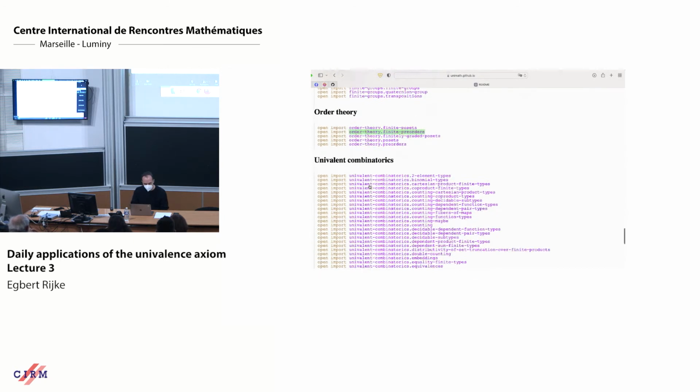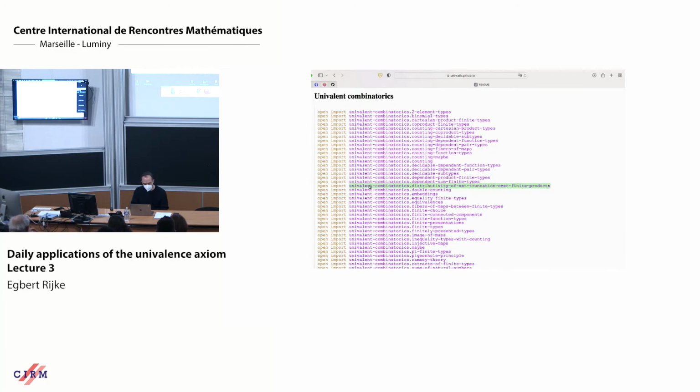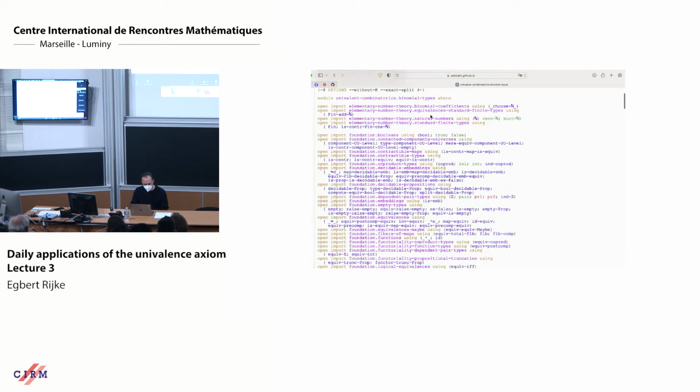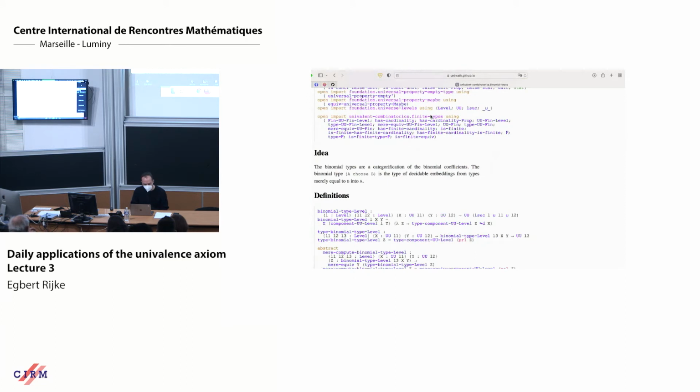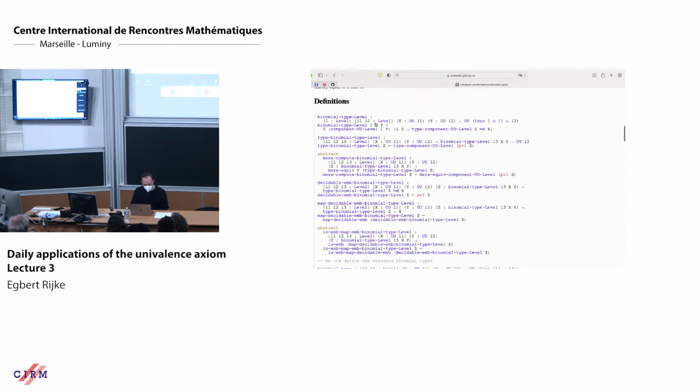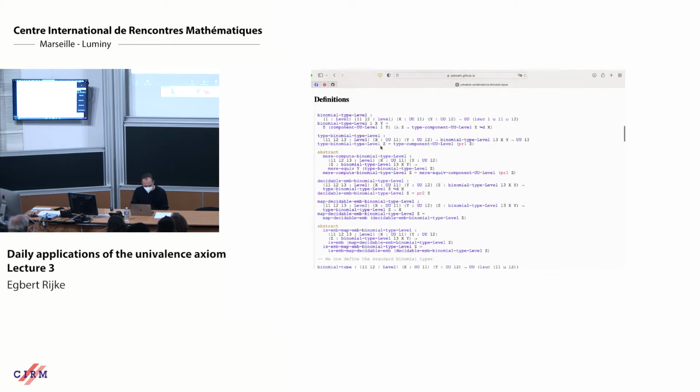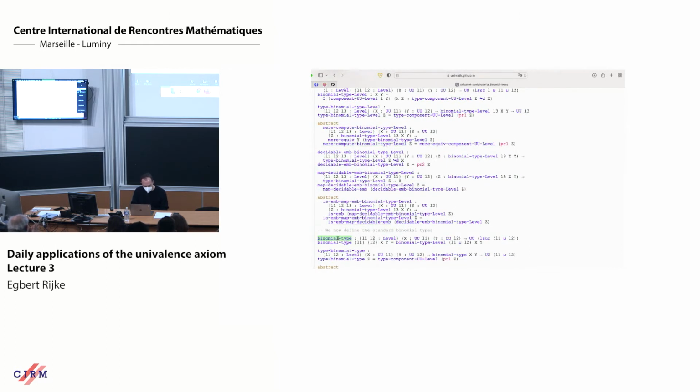And the thing that actually is already quite substantial is the univalent combinatorics part of the library. So about the binomial types, that's what I showed you yesterday. It imports almost everything. Let's see if we can find the definition of a binomial type. It's here.